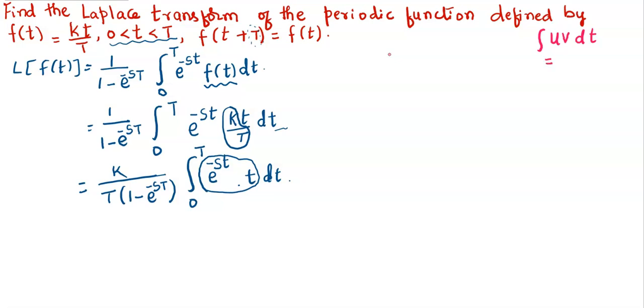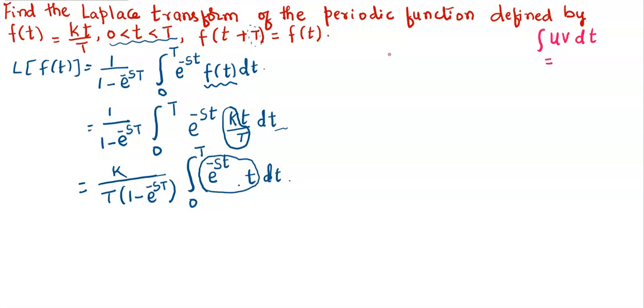We have to use Bernoulli's rule. Bernoulli's rule says that when we have a function with a polynomial, we have to take the polynomial part for differentiation, because the derivative of that part will reduce the power of the function.